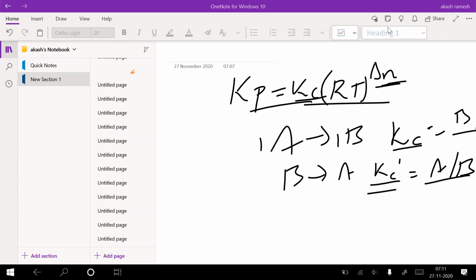Okay, Venisha, when I multiply throughout a reaction by a factor of n, what will happen to the Kc? Say I have A giving B as a reaction. Now I have nA giving nB. What is the relation between the two reactions in terms of Kc?